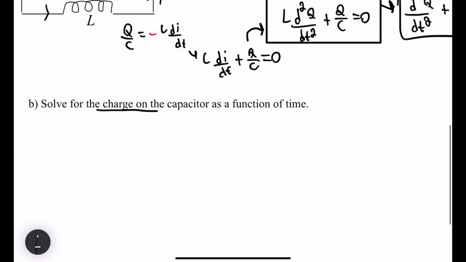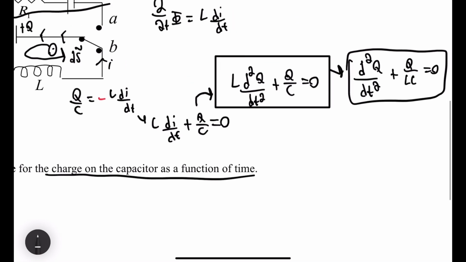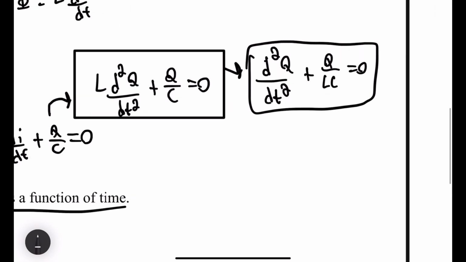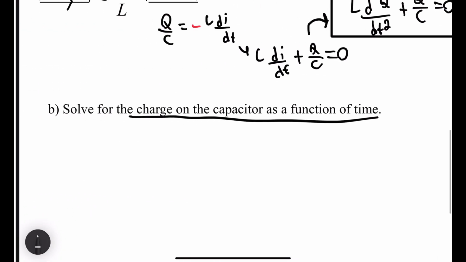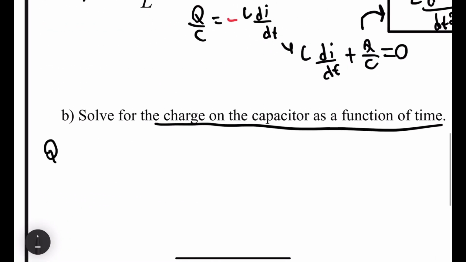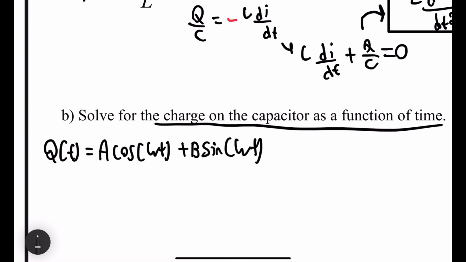I want you to solve the charge as a function of time. So for this one, it's a homogeneous, but it's a second order differential equation because it's to the second derivative. For second orders like this, your solution is going to be A cosine omega t plus B sine omega t.